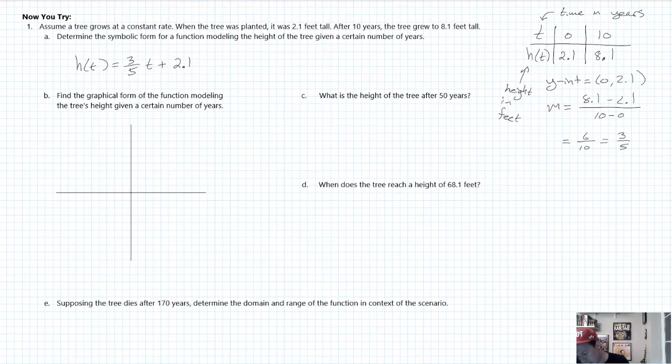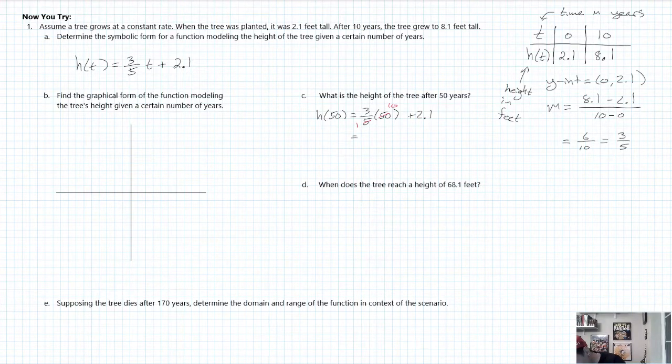And let's see, we want to know what is the height. Before I actually graph this, I'm going to answer these other questions. It says, what is the height of the tree after 50 years? So if I say h of 50, 50 is a time, so I can plug that into the function. We'll get 3/5 times 50 plus 2.1. So the 5 and the 50 can reduce to a 1 and a 10.